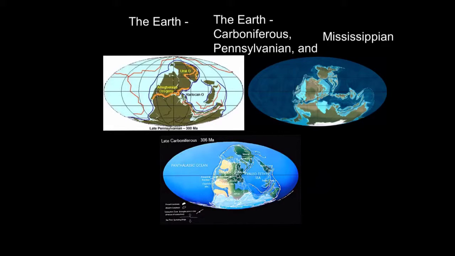And if we look to the right here, it's now the Mississippian period. If we look at that, it is a little bit different, as you can see. There's still a big island in the middle there, but the other little islands have started drifting towards the east, as it shows down in the Carboniferous period.